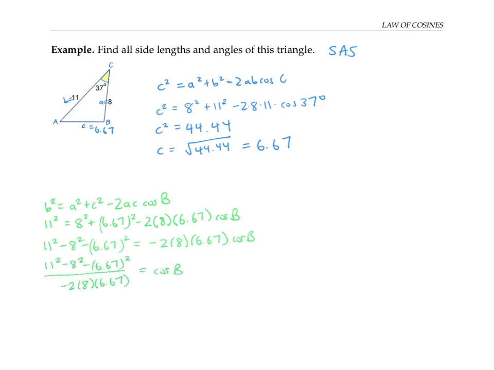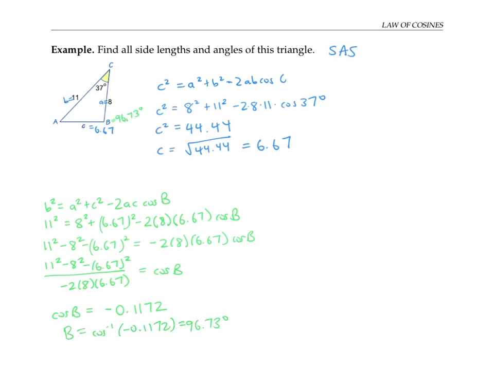Using a calculator, this gives me that cosine of B is equal to negative 0.1172. The negative value of cosine indicates that my angle B must be greater than 90 degrees, which agrees with the figure. Next, I can take cosine inverse of both sides to get that B is equal to cosine inverse of negative 0.1172, which works out to 96.73 degrees.